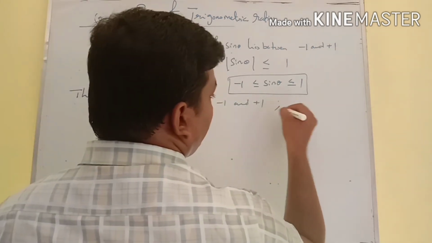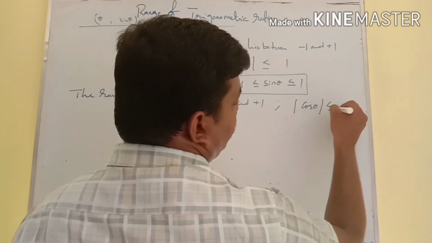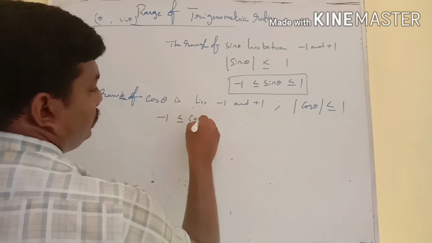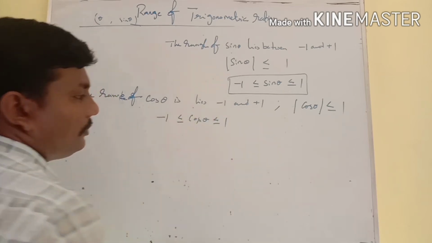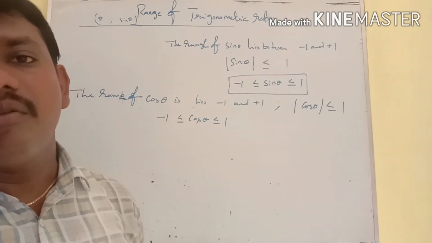That means modulus of cos theta is less than or equal to 1, so minus 1 is less than or equal to cos theta, less than or equal to plus 1. So this is the minimum value minus 1, maximum value plus 1.